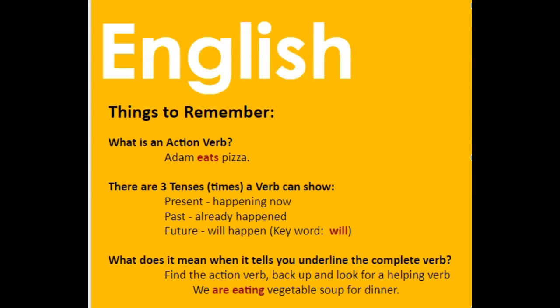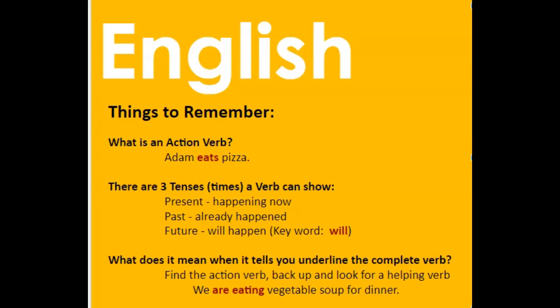Then we talked about the three tenses or times that a verb can show. We talked about a present tense verb, which means it's happening now. The batter hit the ball. Okay, then we talked about past tense, means it already happened in the past. And then we talked about future tense, meaning that it will happen in the future.